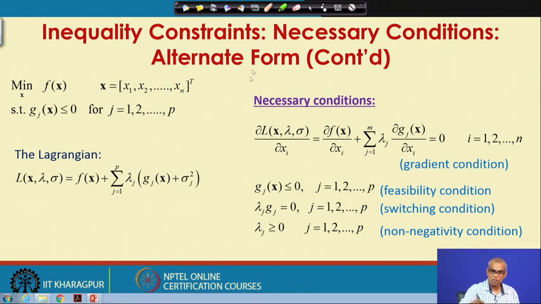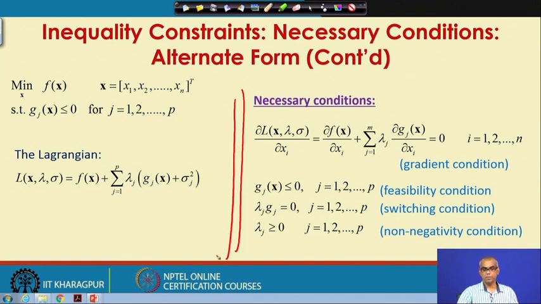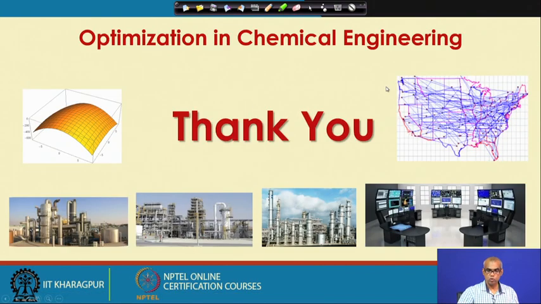So, this represents the alternative form of the necessary conditions for optimality for an optimization problem with inequality constraints. Solutions of these equations will lead to the stationary point, which is a candidate for minimum. So, with this we stop lecture 18 here.